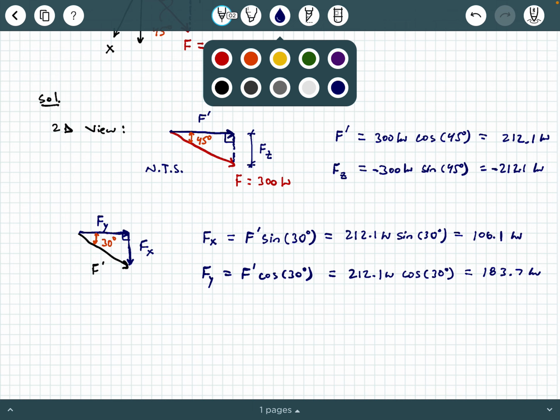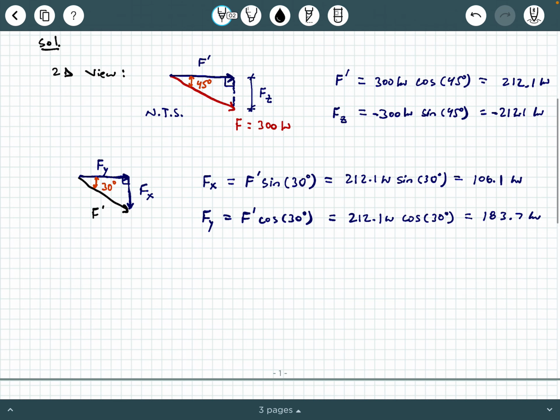So as a Cartesian vector, how is this going to come out? We're going to get f vector equals fx i plus fy j plus fz k, and I know those components, right?